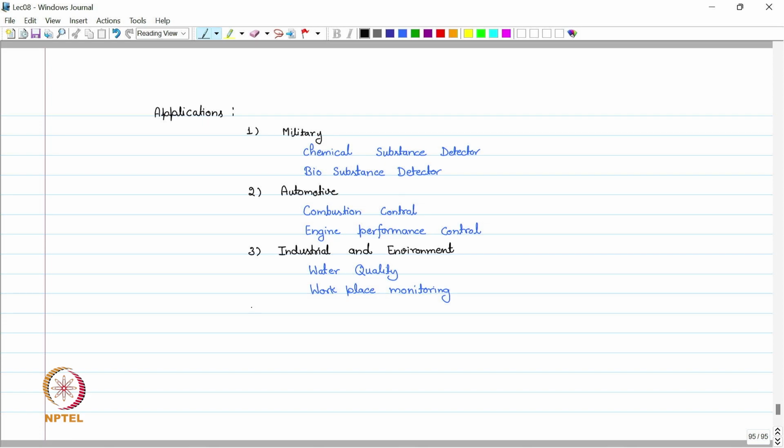Some applications involve the food industry as well, where we use them in process control, and we can also check food freshness with them.